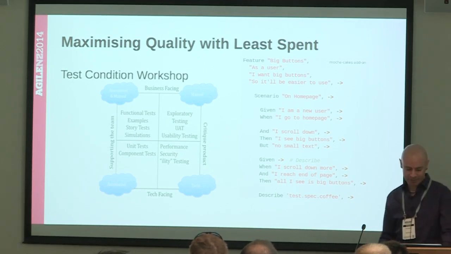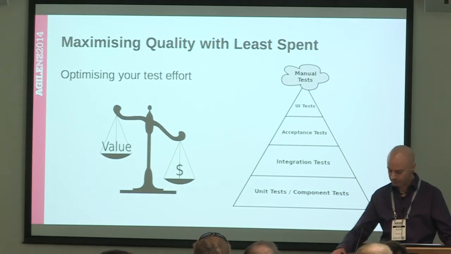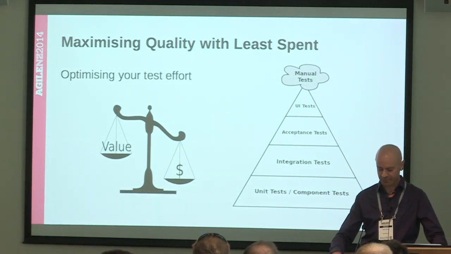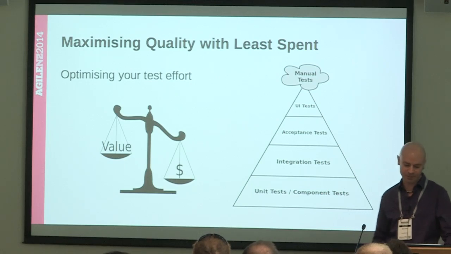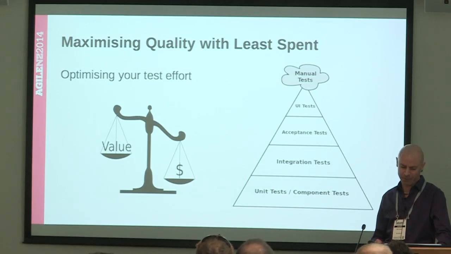So that's all part of your test condition workshop, and as part of that you'll also be thinking about optimising your test effort, so that's cost versus value to the business. If we look at the test triangle, we've got the biggest wins generally down the bottom in terms of the value we'll get out of tests.